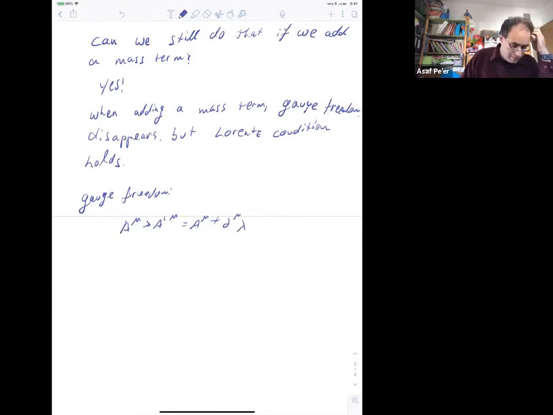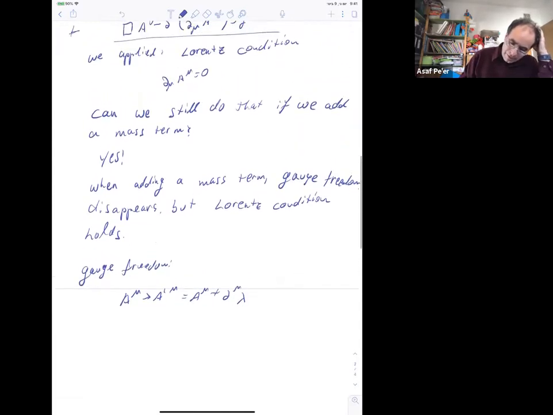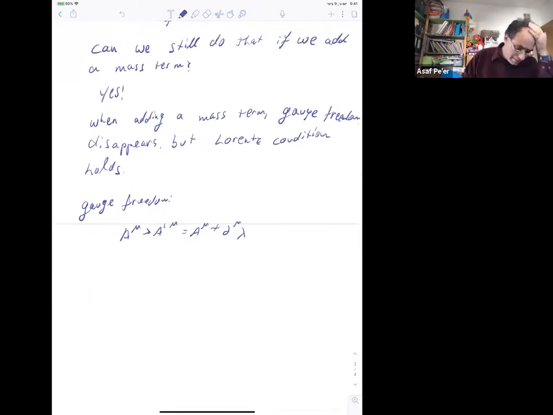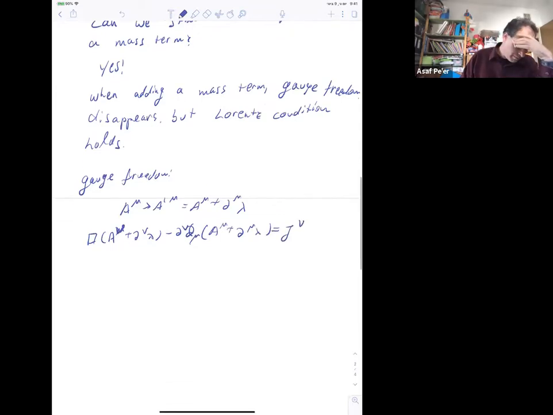That's in fact what's going to happen, because I can simply plug it into the equation above. So the D'Alembertian of A^mu plus d^mu lambda, minus d^nu of d_mu A^mu plus d^mu lambda, is J^nu.